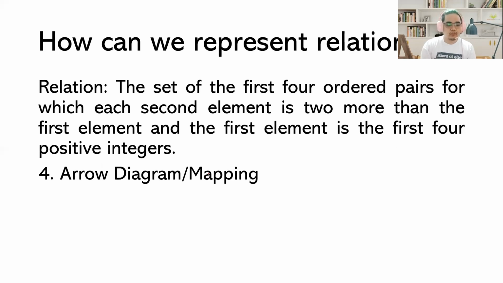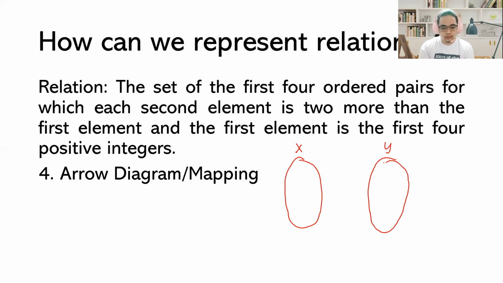And then the last one will be mapping. So for mapping, you will just write the domain. Let's say, this one, the X. Then you write Y. It is called an arrow diagram or mapping. Then you just write here the domain. What was our domain earlier? 1, 2, 3, 4. Then what is our range? 3, 4, 5, 6. And then it said there, right?